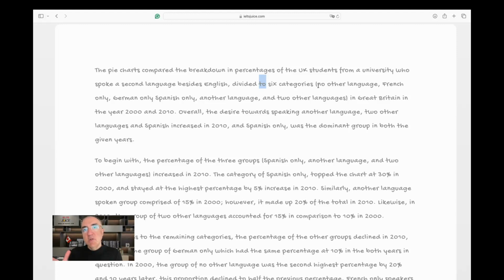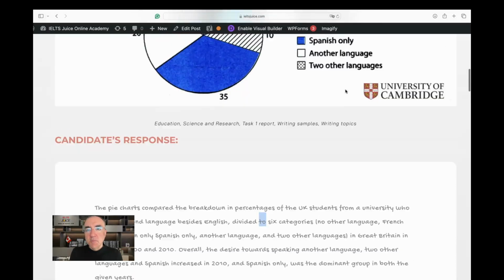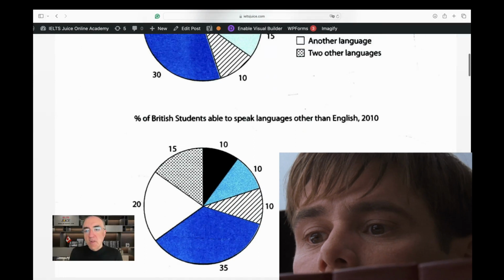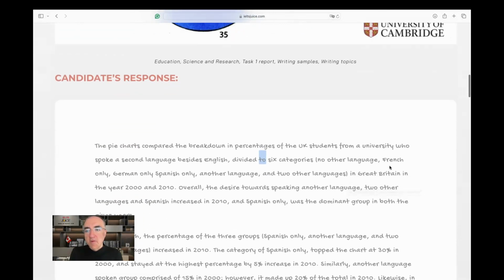And the categories are no other languages, no other language. Can I take a peek? Yes, no other language, that's correct. French only, German only, Spanish only, another language, and 2 other languages.